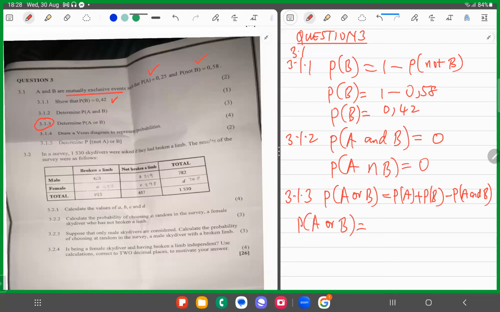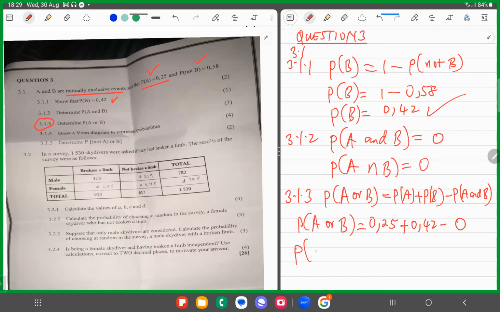This formula is normally at the back of the exam paper. That's part of the formula sheet. Now, the probability of A is there in the question. It's 0.25. So the probability of A is 0.25 plus the probability of B, which we've already got as 0.42. The probability of A and B, these events being mutually exclusive, is 0.